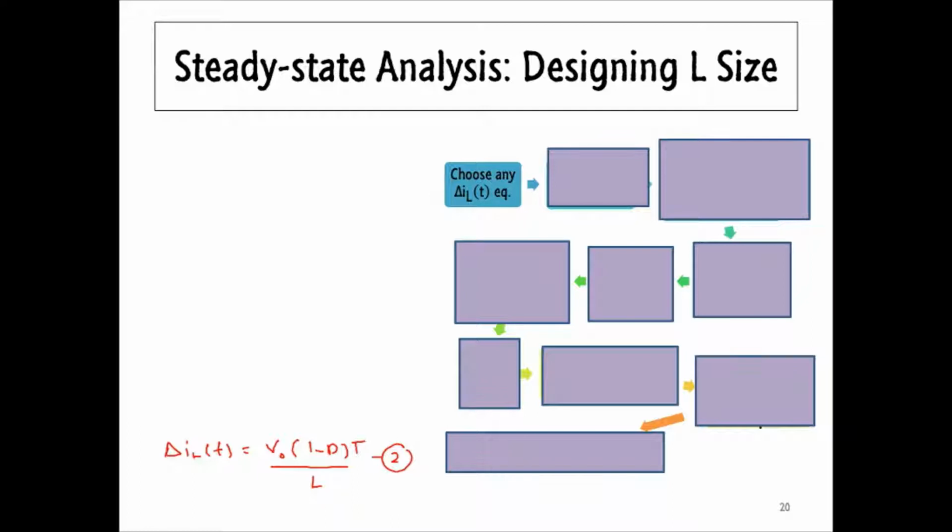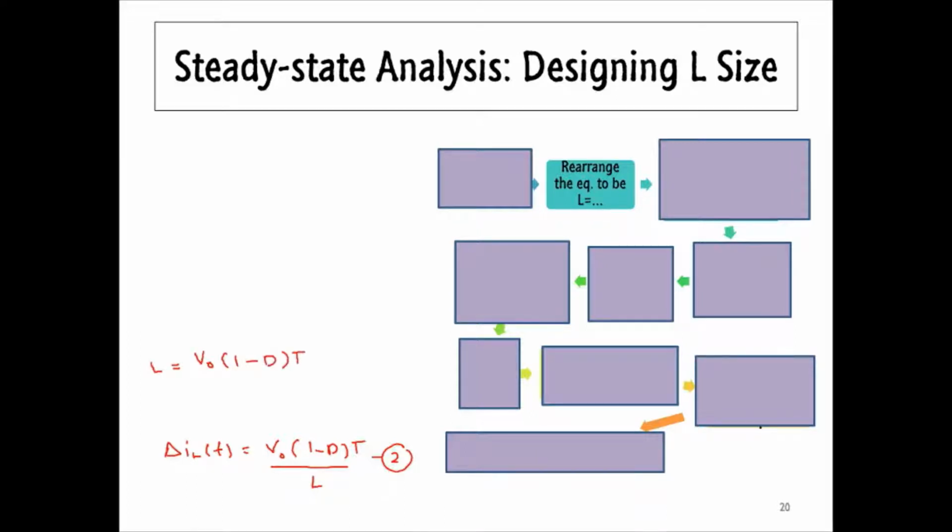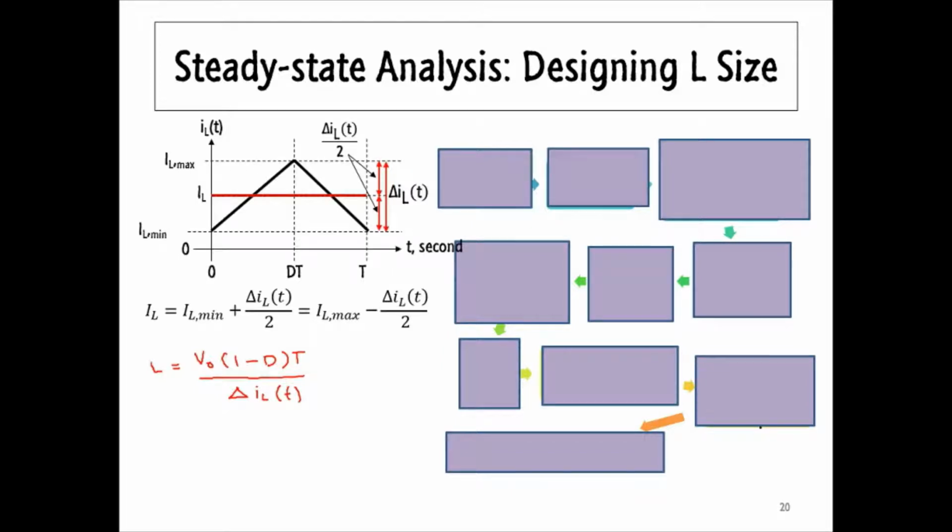After choosing the equation, we need to rearrange it to obtain the inductor equation. Next, we need to shift our focus to the waveform and equation of the inductor current.